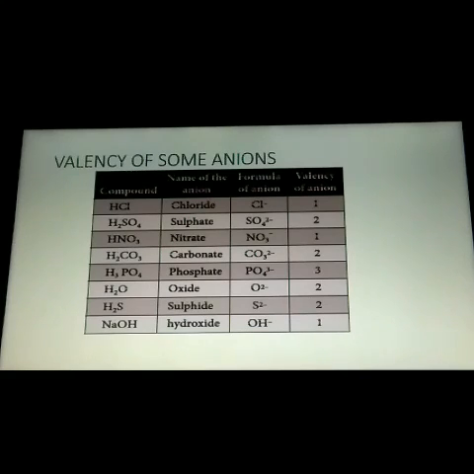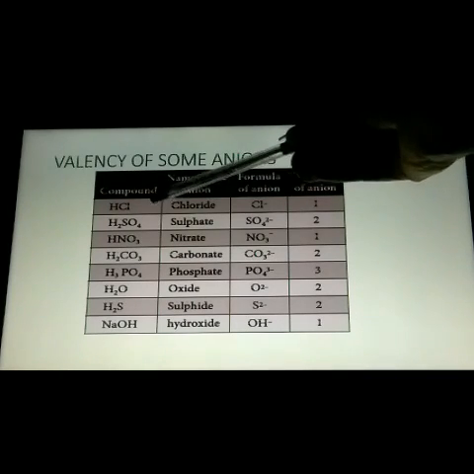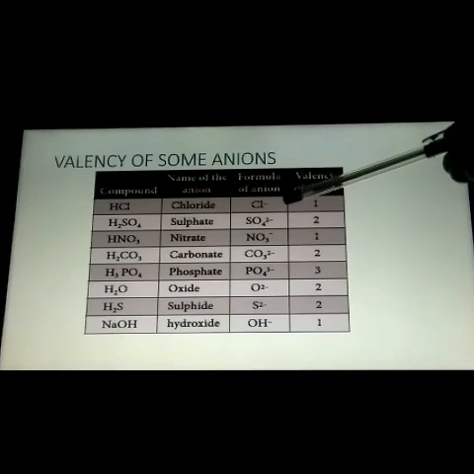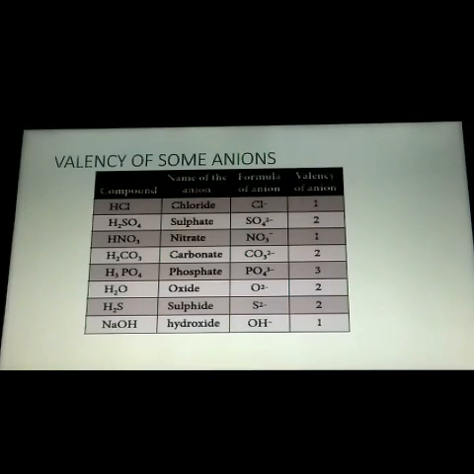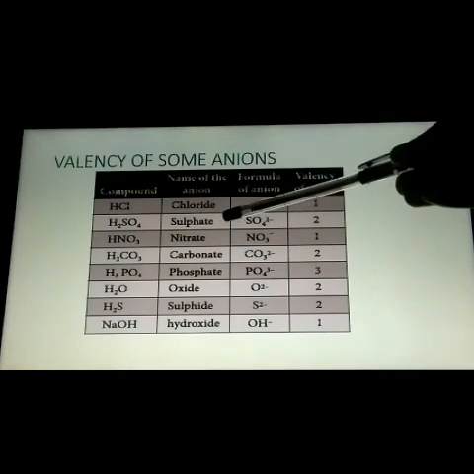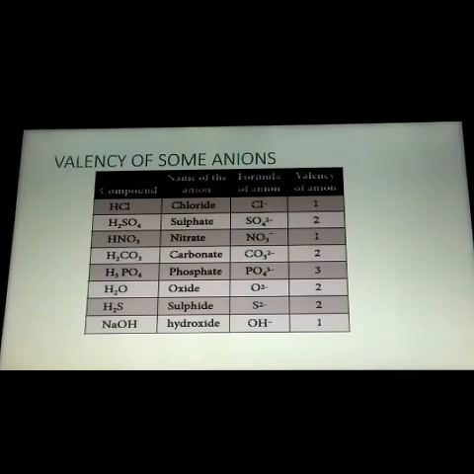Likewise, let us see the valency of some anions here. For example, for the compound HCl, the anion is chloride. It is Cl minus, and the valency of the anion here is only 1. For sulfuric acid, the name of the anion is sulfate and the valency of the anion here is 2.